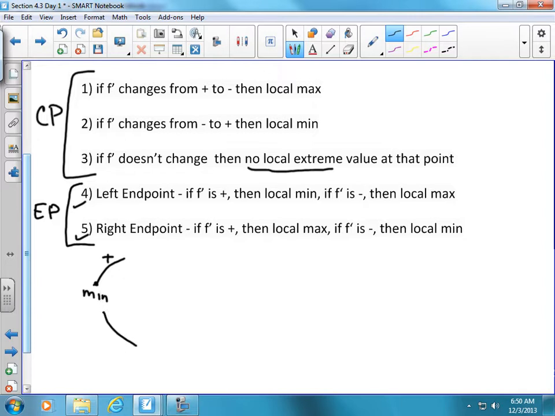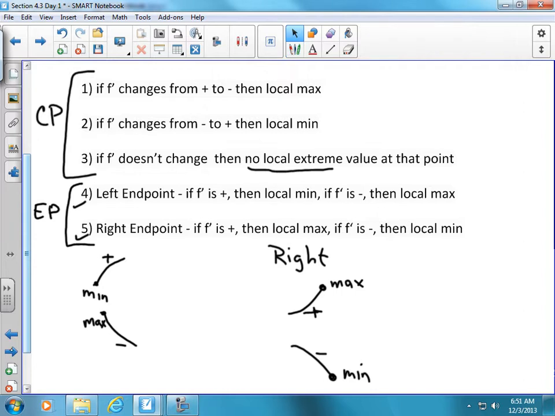If it's negative, then this is a max. Okay, and the opposite is true on the right. On the right, you have an increasing function, you get a max. You have a decreasing function, you get a min. So positive and negative indicate the derivative signs.